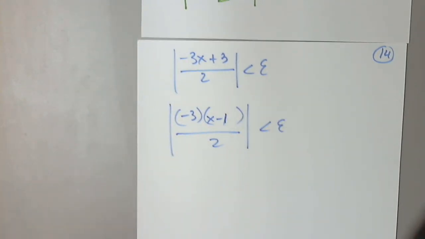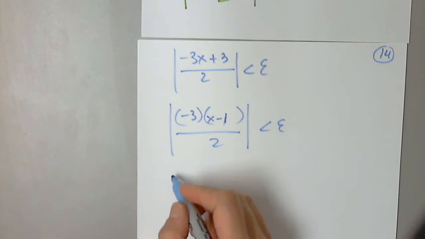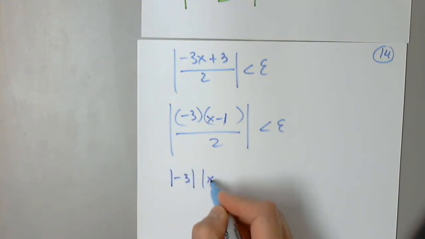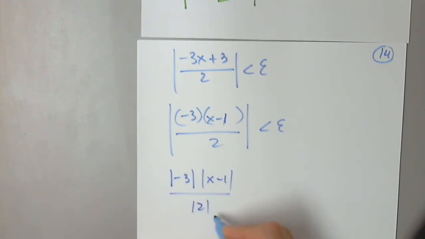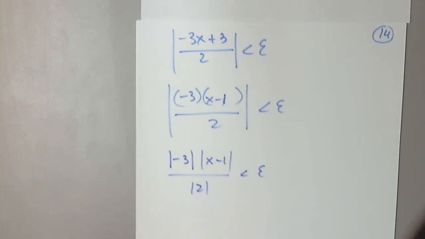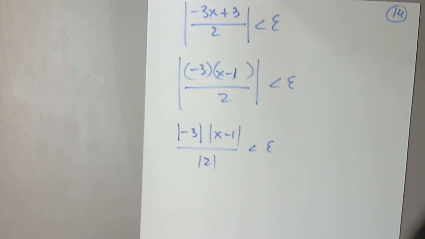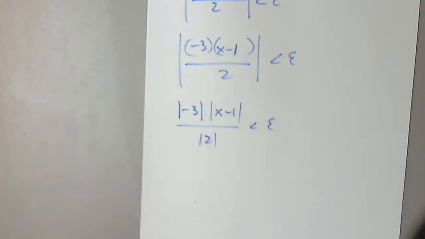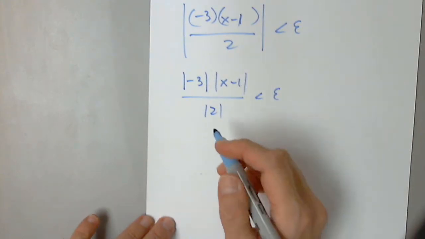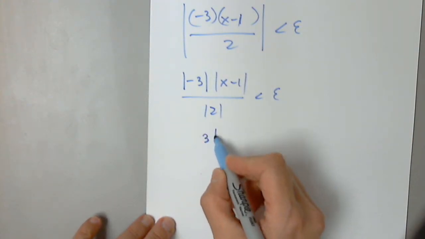Now I can apply the properties of the absolute value. And I have to write this step. Then I have to eliminate those absolute values on negative 3 and 2. The absolute value of negative 3 gives us 3.